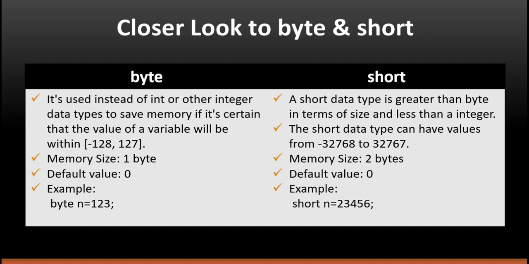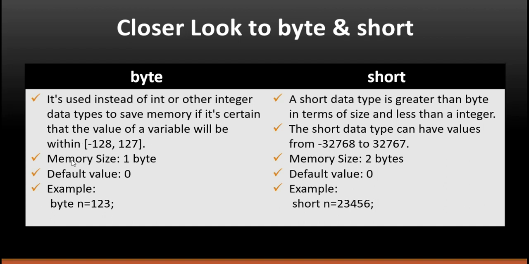Next we have byte and short data types. Byte data type is used instead of int. If you want to store only a smaller value, you can go for the byte data type and it saves memory. For example, if you want to store values in the range -128 to 127, you can go for byte.